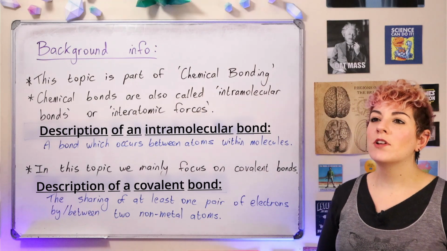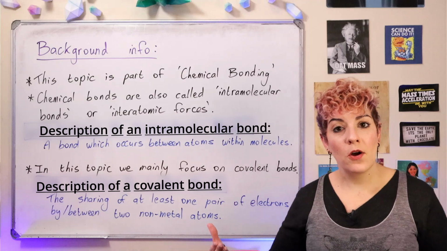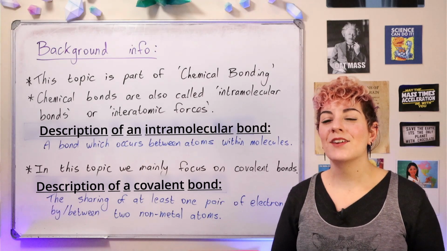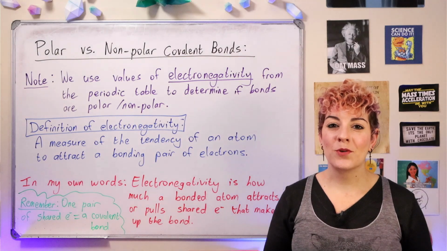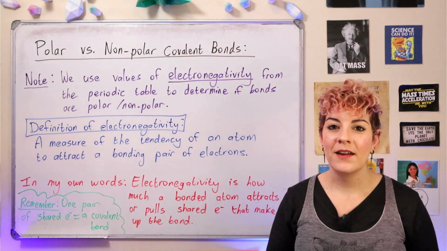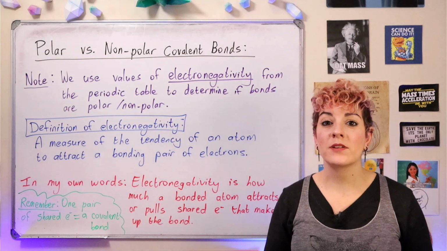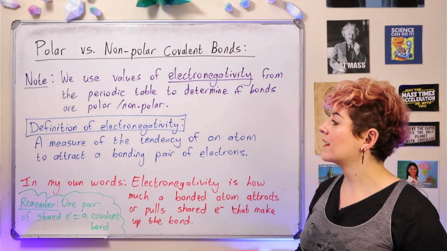Now we're going to have a look at different types of covalent bonds, namely polar covalent bonds and non-polar covalent bonds. In order to determine if a covalent bond is polar or non-polar, we have to consider something called electronegativity. This is the definition of electronegativity.